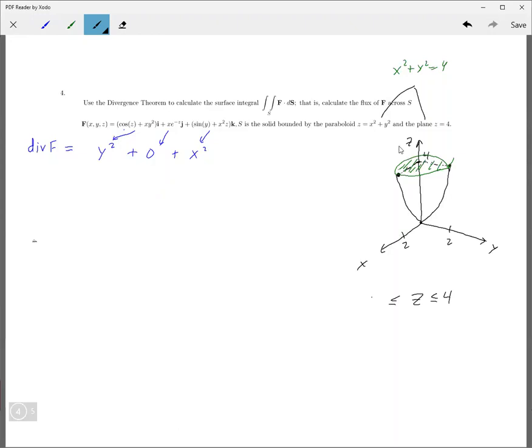So you can take a vertical line segment that spans through the whole interior. The bottom boundary is going to be x squared plus y squared.